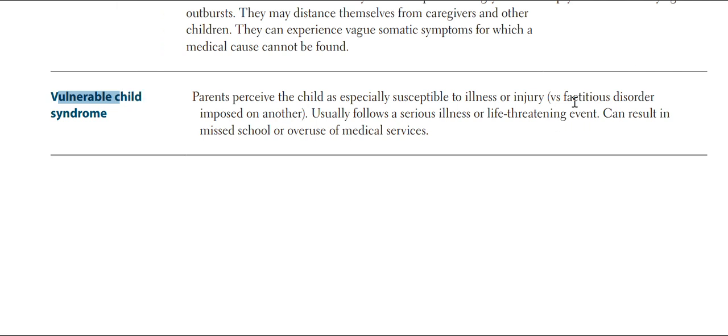Whereas in factitious disorder, you'll see very severe symptoms. One example would be that a mother injects her baby with insulin and then brings him to the clinic for hypoglycemia treatment. The reason people with factitious disorder do this is because they crave medical attention. And remember, this one is imposed on another.